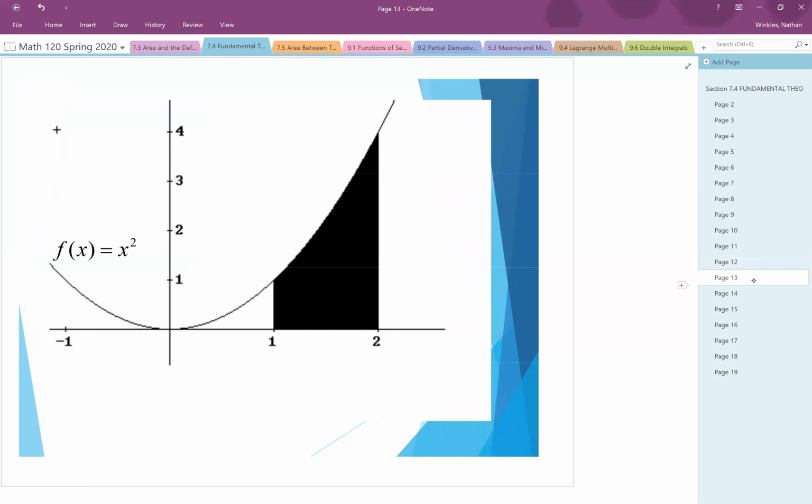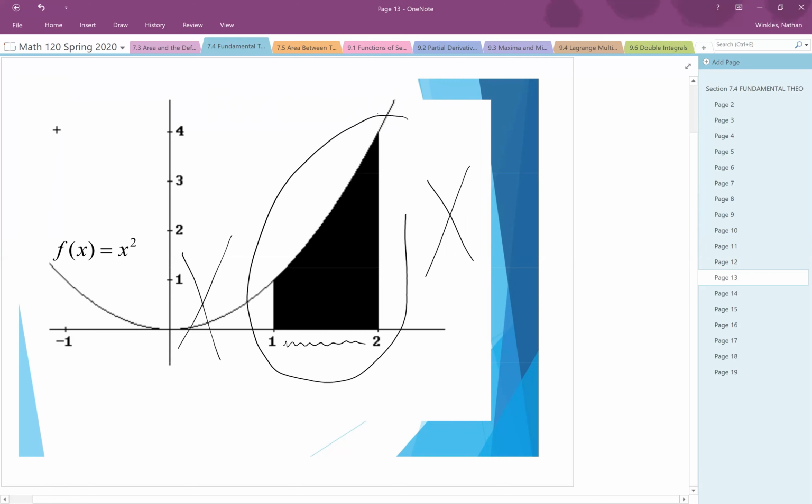So there's our function f of x equals x squared. We are only concerned with what's happening between 1 and 2. I don't care what happens over here and over here. We are only focusing in on this shaded piece right here. It can do whatever it wants on the outside. We're only concerned with what's happening on that little inside piece there.